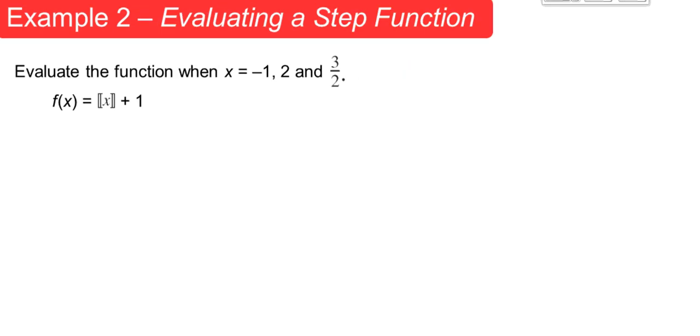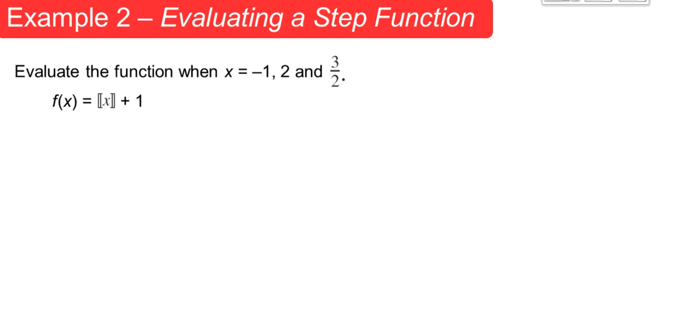And maybe I'm going to put a little empty here, and I'll put that piecewise. Since this one is a step function, we'll look at it. So now they've put for number 2, we have to evaluate the function when x equals -1, 2, and positive 3/2.